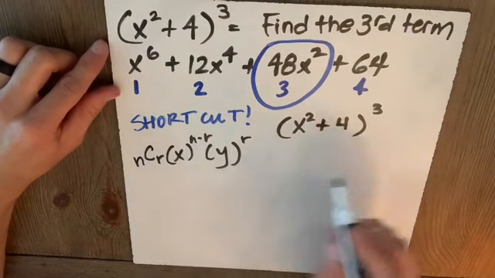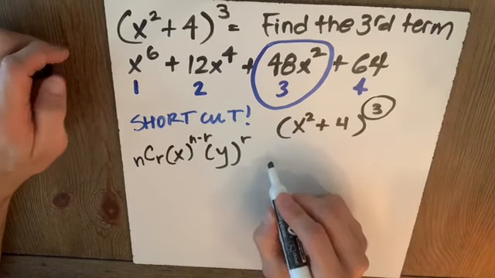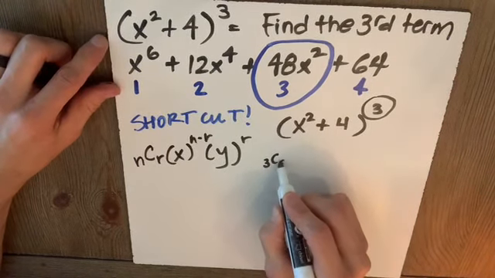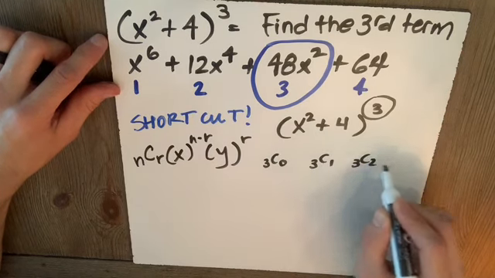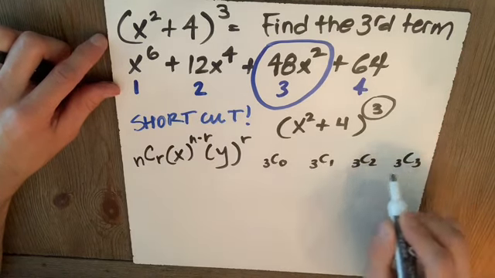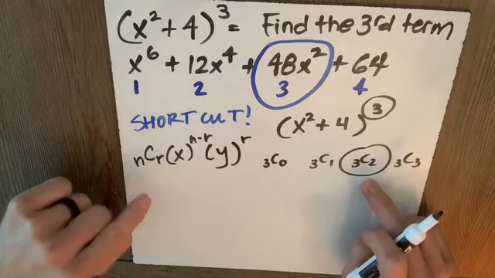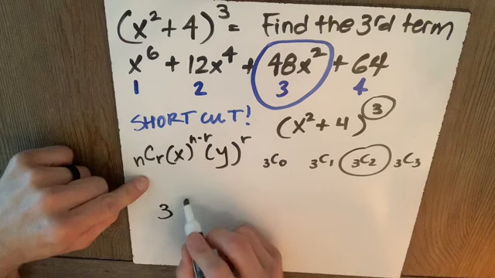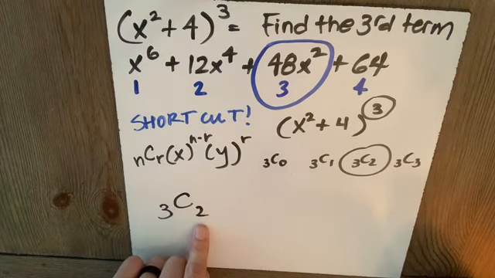If our power is the third power, the coefficients were 3C0, 3C1, 3C2, 3C3. In fact, our third term will be 3C2.